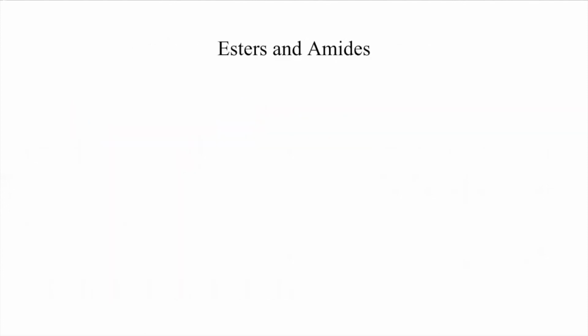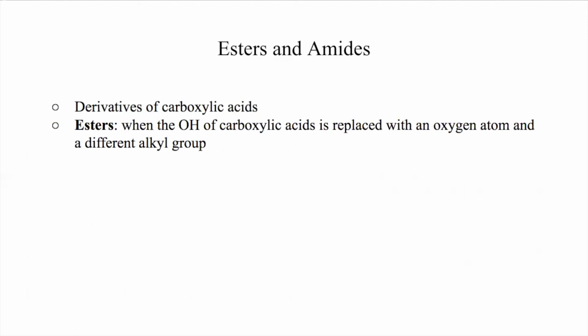There are 2 functional groups derived from carboxylic acids, esters and amides. First, esters are the compounds that occur when the OH of carboxylic acids is replaced with an oxygen atom and a different alkyl group, represented by RCOOR', as opposed to the carboxylic acids RCOOH.